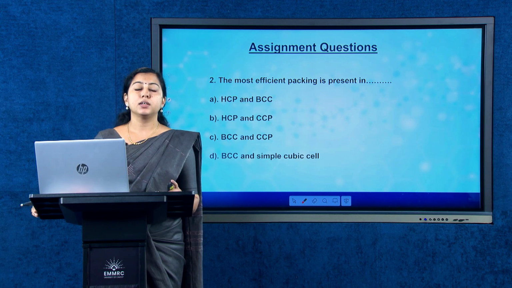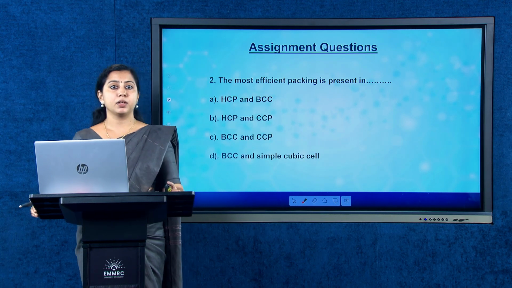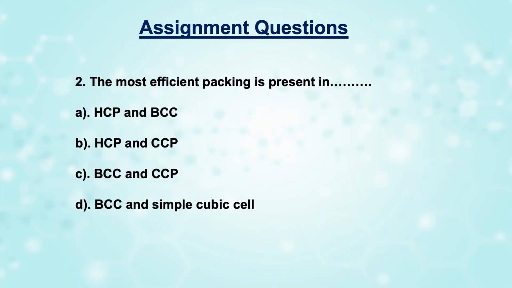Second question: the most efficient packing is present in? We have four options: option A HCP and BCC, option B HCP and CCP, option C BCC and CCP and option D BCC and simple cubic cell.